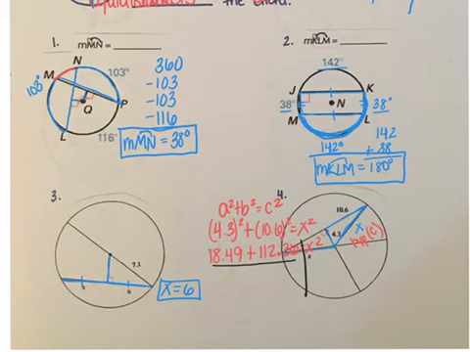So we're going to add 18.49 to 112.36, and we get 130.85. To get rid of this exponent, we're going to have to square root both sides. The square root of 130.85 is 11.44. So this is finding segment lengths using properties.